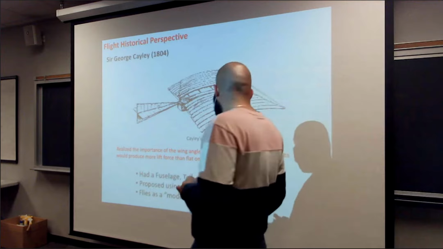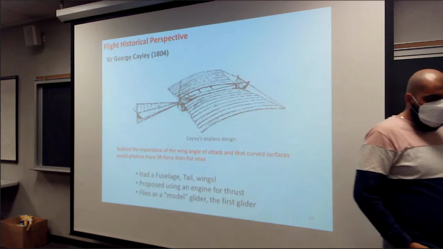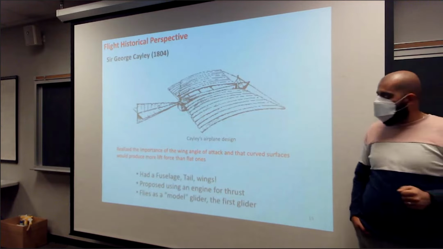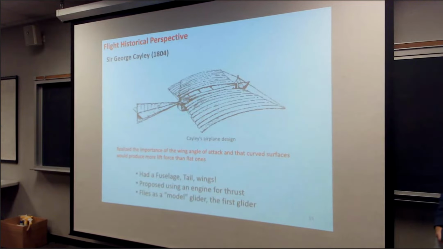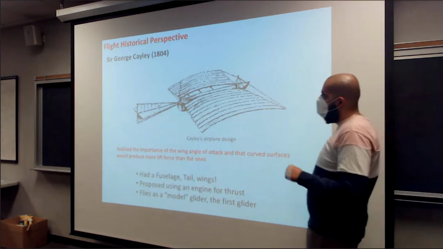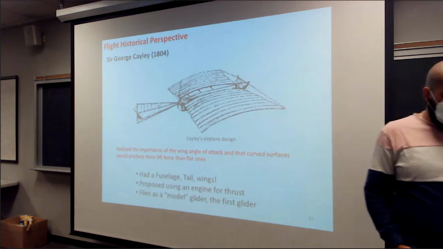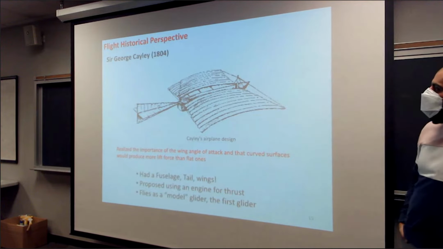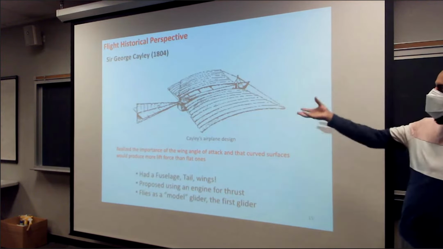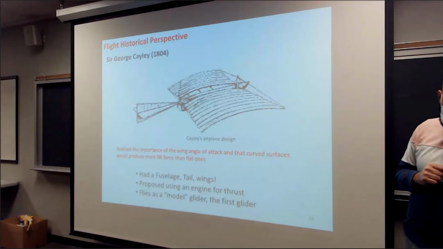And we're going to see later on, we're going to calculate lift for a lot of different conditions. His design had a fuselage, as you can see, a tail, and also wings. He also proposed an engine for thrust, but the engineering at the time was not complete enough for a small engine to be designed and put on an aircraft. So they had to wait another roughly 100 years.